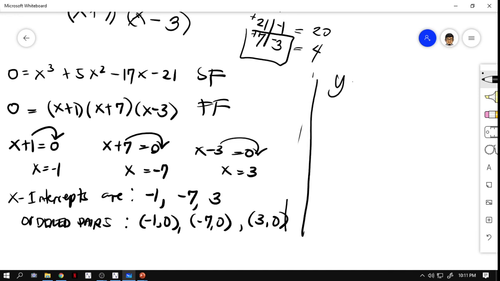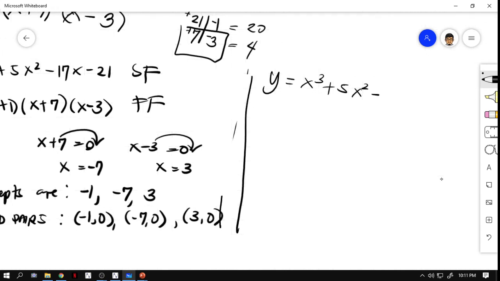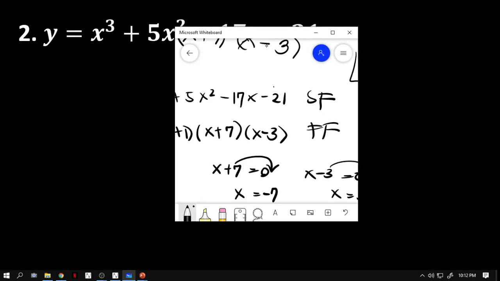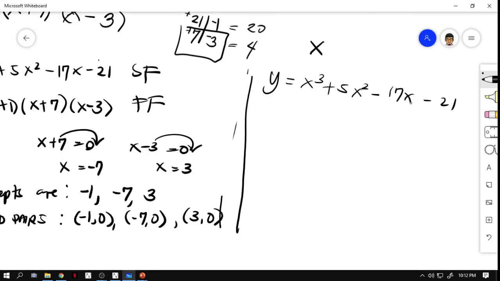Y is equal to x cubed plus 5x squared minus 17x minus 21. So, ang iset natin yung x natin as 0. So, lahat ng x papalitan ng 0. So, y is equal to, ito wala na, ito wala na, ito wala na. y is equal to negative 21.